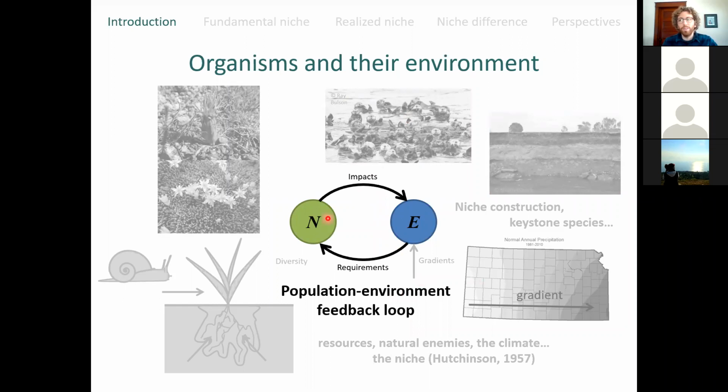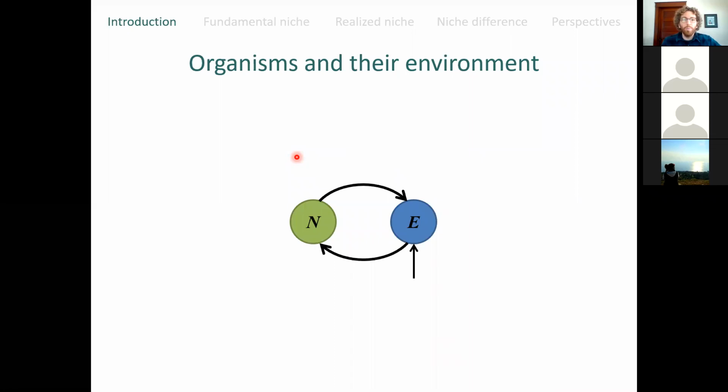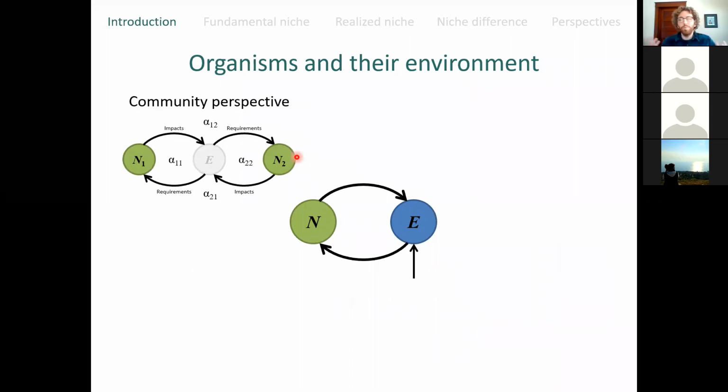So if we want to understand how organisms are found along these gradients, we have to fully solve for these feedbacks. And more importantly, these feedbacks are the core of many ideas in ecology, right? Competition can be thought of as the way an environment, often abstracted out, mediates interactions between organisms, like the Lotka-Volterra coefficients.